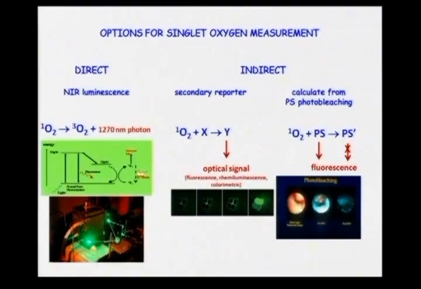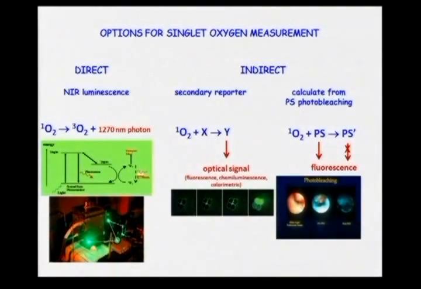So one possibility is you measure this light. So we measure the 1270 nanometer light, and that will give you the direct measurement of the singlet oxygen. I'll show you in more detail how this is done, but this is a setup in our lab. Here's a volunteer mouse from our lab, and we irradiate that with a laser beam, not the treatment beam, but a separate laser beam to measure this singlet oxygen. I'll tell you how this works.